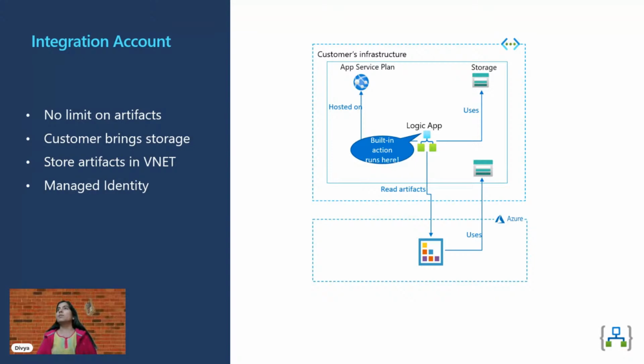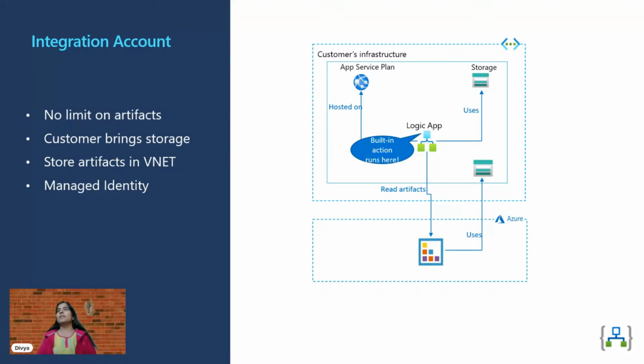Now coming to the integration account itself. You would create and host your integration account in Azure, but when you create it, you would be bringing your own storage, and you have full control on where you host that storage. It could be within the same VNet, or it can be hosted in Azure based on your needs.